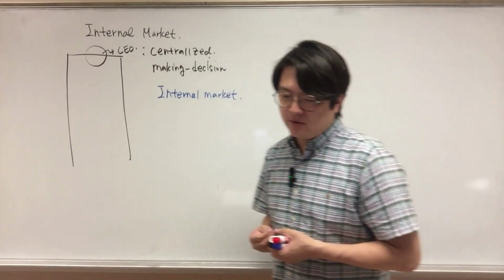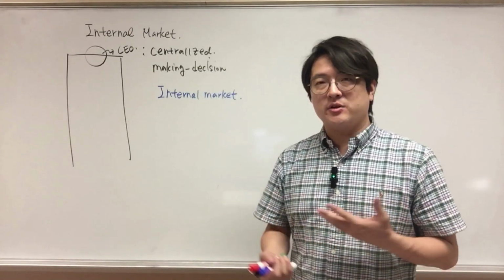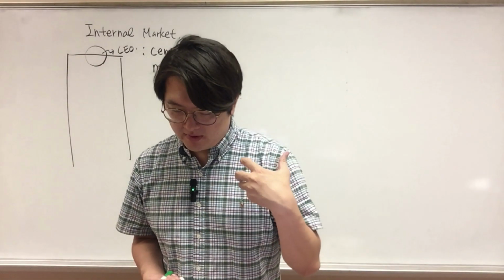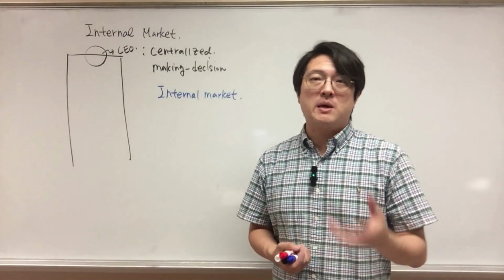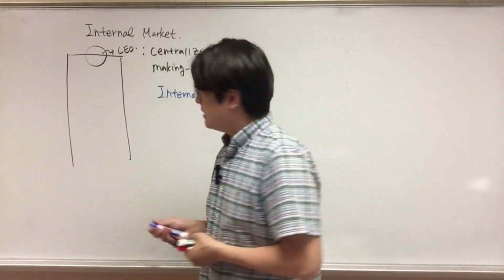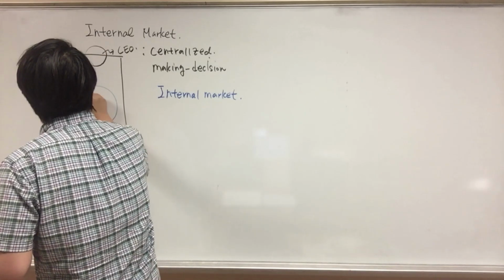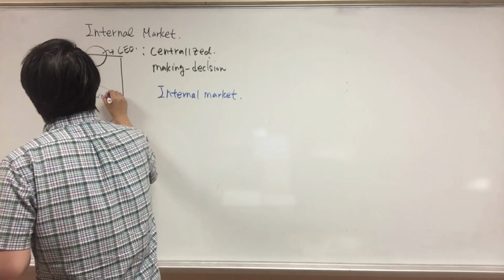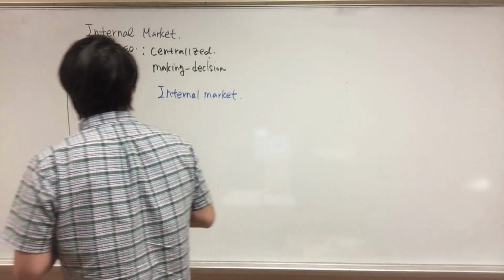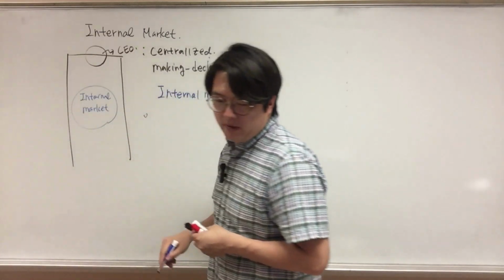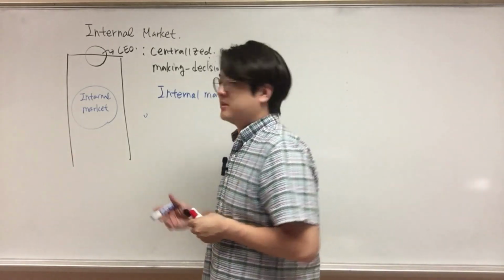So at Google, they usually make departments compete with each other in order to buy computer resources such as disk space and memory. So in this company, they make an internal market within the company. So an internal market does not rely on centralized decision making.